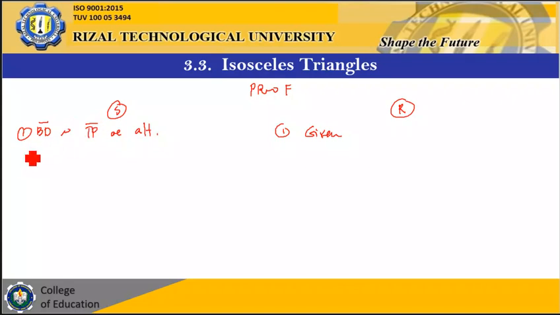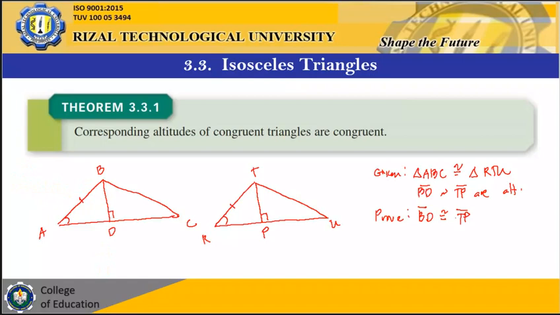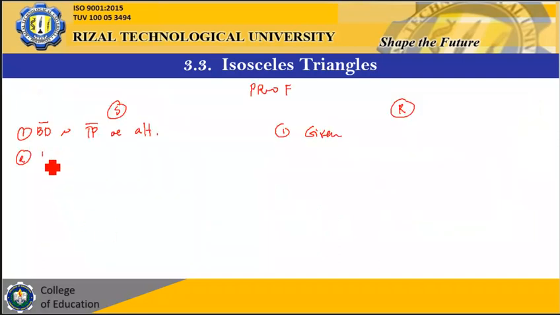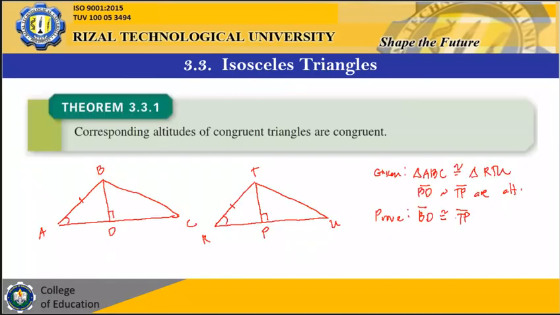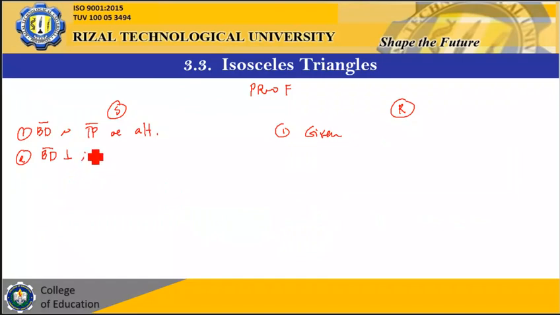So since we know that they are altitudes, according to our definition it should be perpendicular to the side opposite to the vertex. So we say that BD is perpendicular to AC, and segment TP is perpendicular to segment RU. And this is by definition of an altitude.